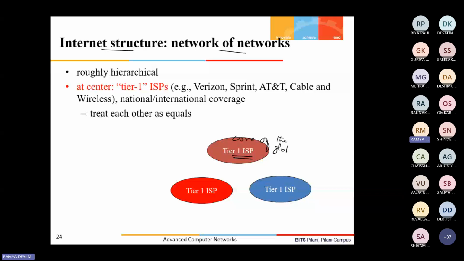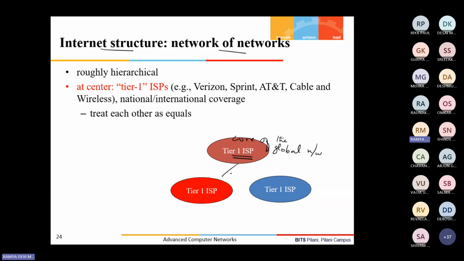The Tier 1 ISPs are connected to each other and treat each other as equals. They engage in peering agreements as well. They exchange traffic without charging each other. Those benefits exist between the Tier 1 ISPs.